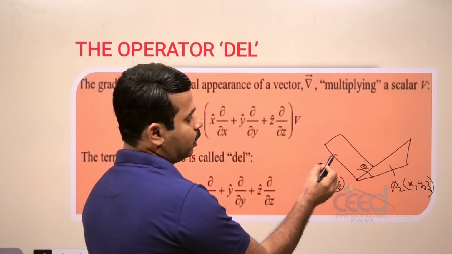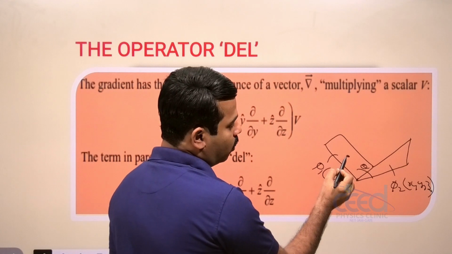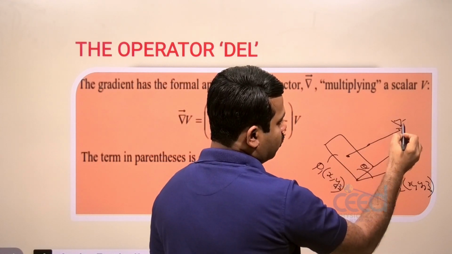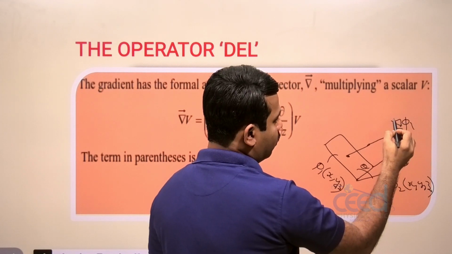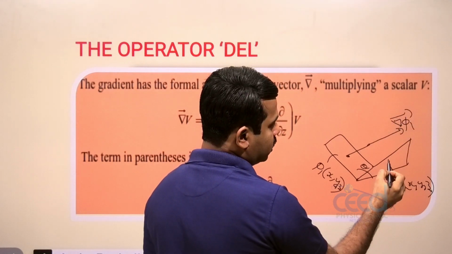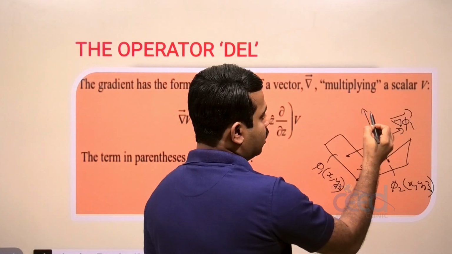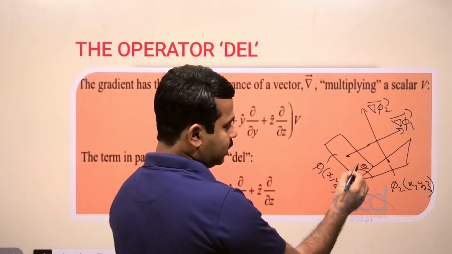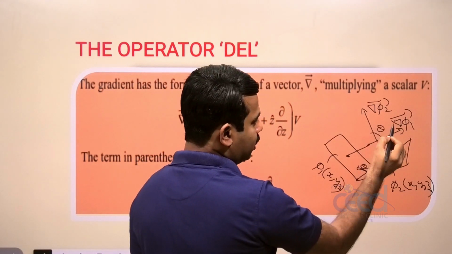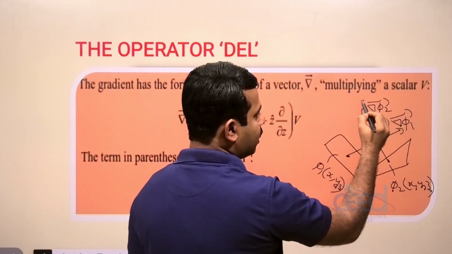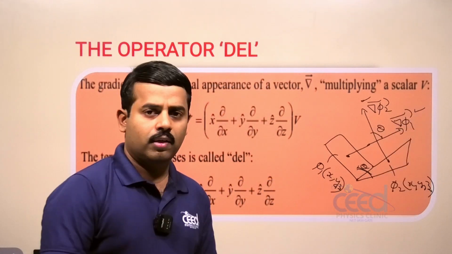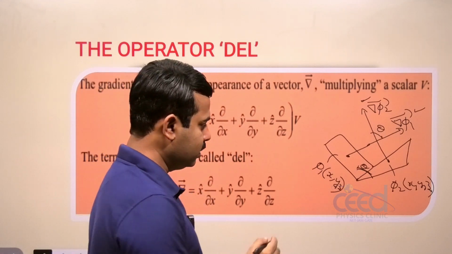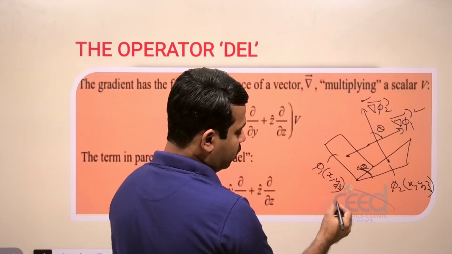Definitely, what is the normal to this surface? The normal to this surface has the direction of del phi 1. What is the normal to the other surface? Del phi 2. Then this angle should be equal to the angle between these normals. This is one vector, this is another vector. If two vectors are given, what is the angle between them? We already studied that.